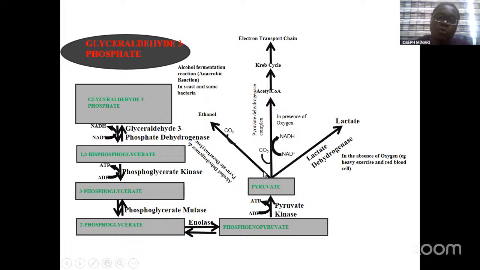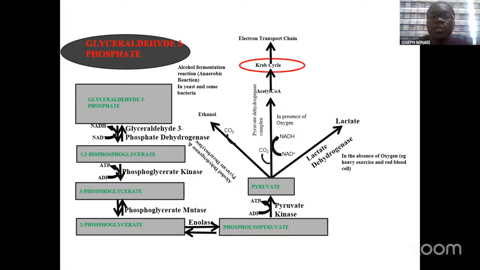Now, in the presence of oxygen, the journey continues. The conversion of pyruvate to acetyl-CoA is done by the pyruvate dehydrogenase complex. So the pyruvate dehydrogenase complex facilitates the conversion of pyruvate to acetyl-CoA with the release of CO2 and NAD being reduced to NADH. So in this particular place, the journey now moves from acetyl-CoA to the Krebs cycle.